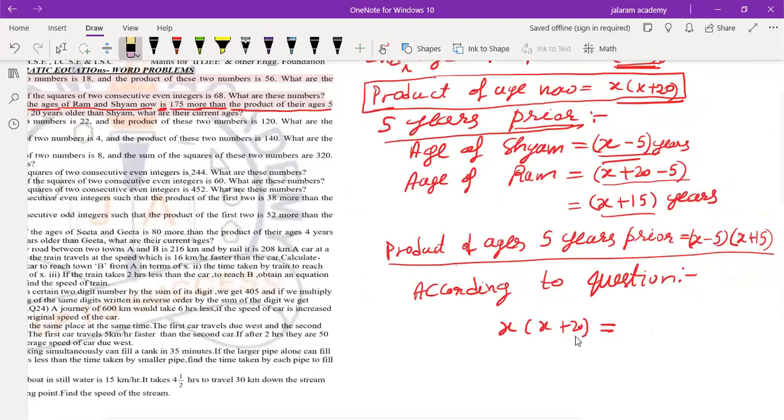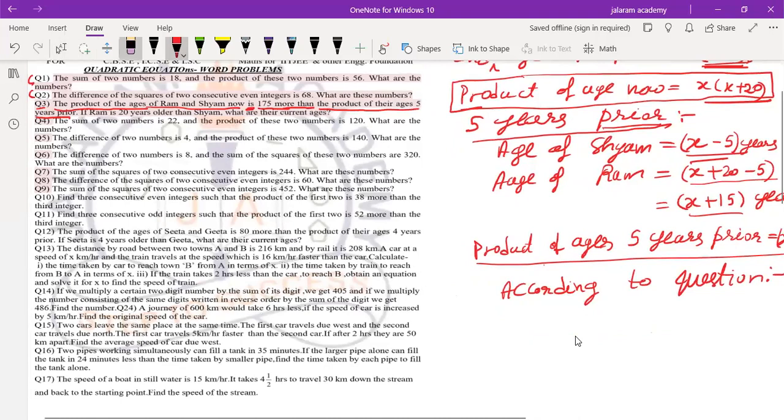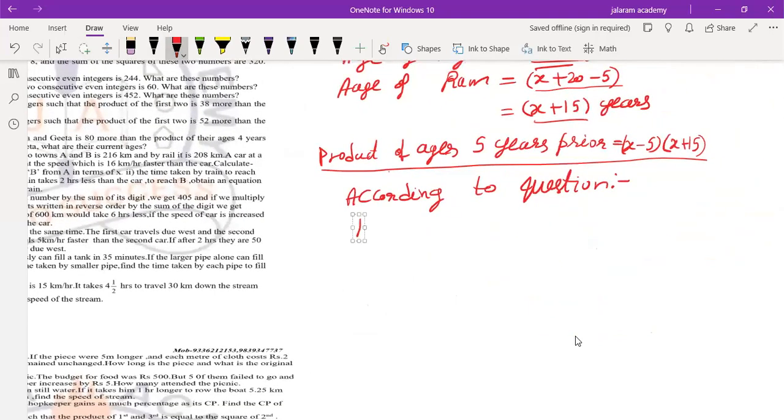Or you can write the word equation first, which is easier. This is the method to convert the word equation to a mathematical equation. In the first line, it is written the product of the ages of Ram and Shyam now, so we write product of ages of Ram and Shyam now.